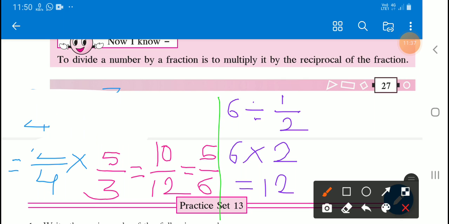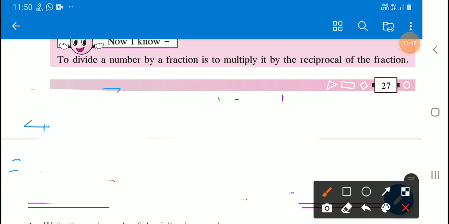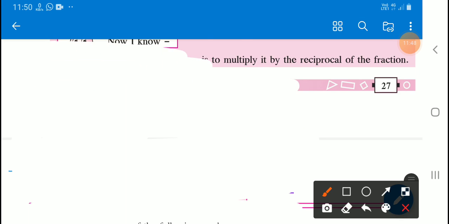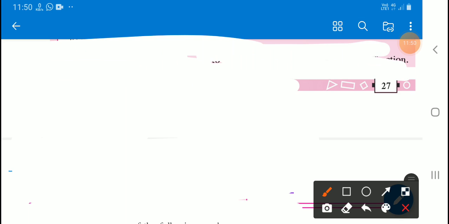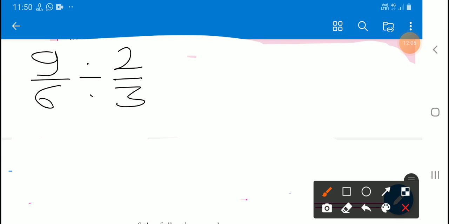I will make some place here to solve the example. So I will write the example: 9 upon 6 divided by 2 upon 3.